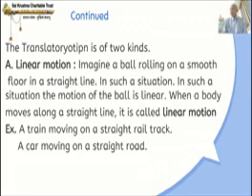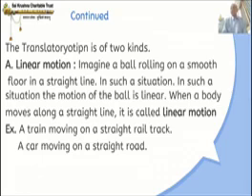So, it just simply rolls. The motion of the ball that is rolling on a smooth floor is linear motion. So, when a body moves along a straight line, it is called linear motion.